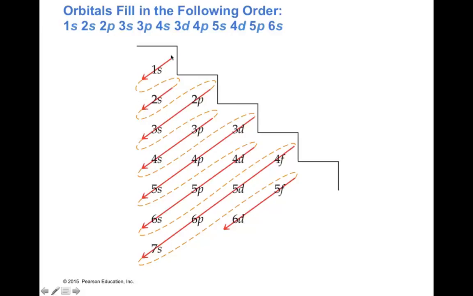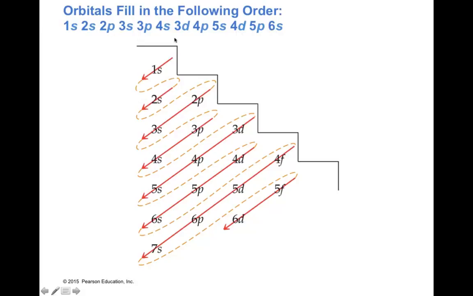Then we start from 1s going down and then going up to 2s, going down and then going up to 2p, 3s. So 1s, 2s, 2p, 3s. Then 3p, 4s. Then from the 4s, you go up to 3d, 4p, 5s. And then you go back and go to 4d, 5p, 6s.